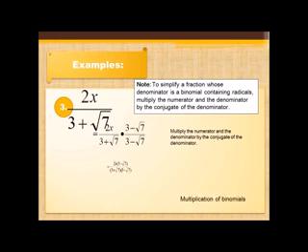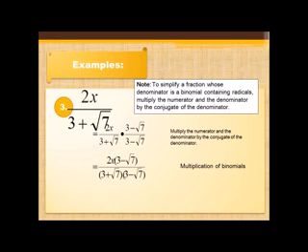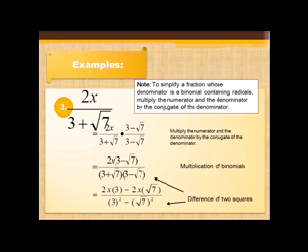Now, let's do multiplication of binomials, and this will become 2x times the quantity of 3 minus square root of 7 all over quantity of 3 plus square root of 7 times the quantity of 3 minus square root of 7. And then, 2x times 3 minus 2x times square root of 7 all over 3 squared minus square root of 7 squared.